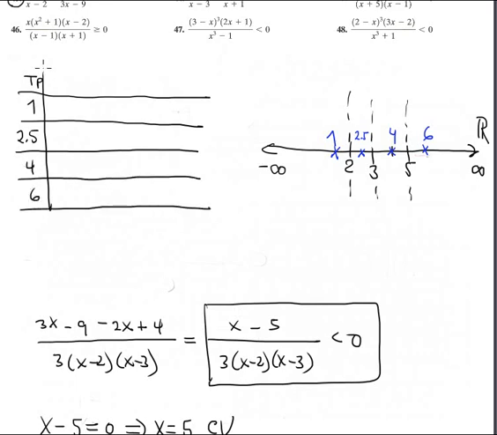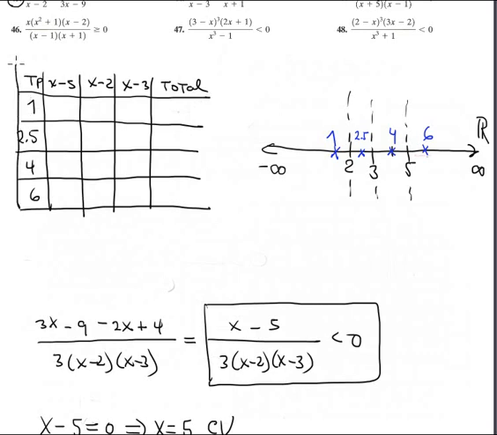And the factors we have to investigate are x minus 5, x minus 2, x minus 3, and the total sign. I don't care about this 3, because this 3 does not provide any information about the change of sign.